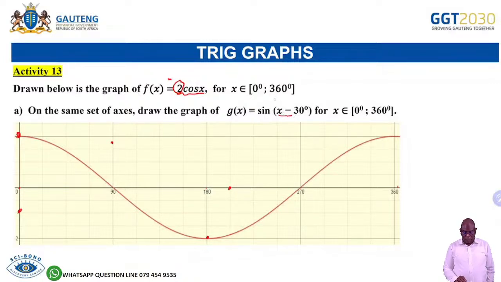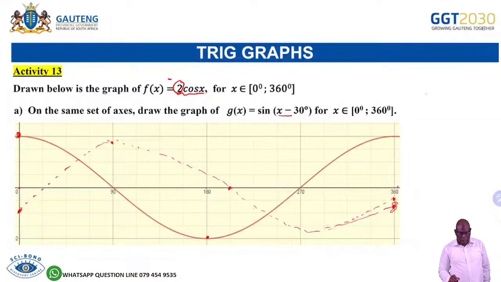If I put a 360 there, it will be at 330. So you're just adding the values there. So this graph will go up here, then from there it will go down there, and the end point of that graph will be somewhere there. So it will be somewhere there at 0,5.